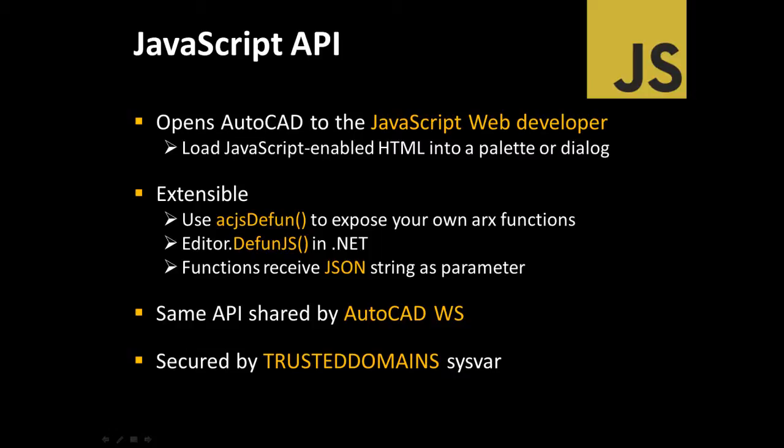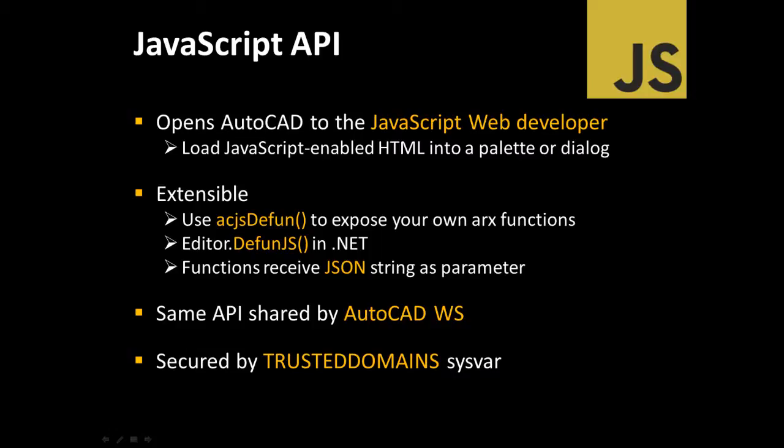But the API is extensible using the acgs.defunc or editor.DefunJS function in .NET, and those methods allow you to declare ObjectARX or .NET methods that are going to be exposed to JavaScript. So your JavaScript code will be able to call a loaded function inside an ObjectARX or .NET DLL if the functionality you wish to achieve is not provided by the JavaScript API.